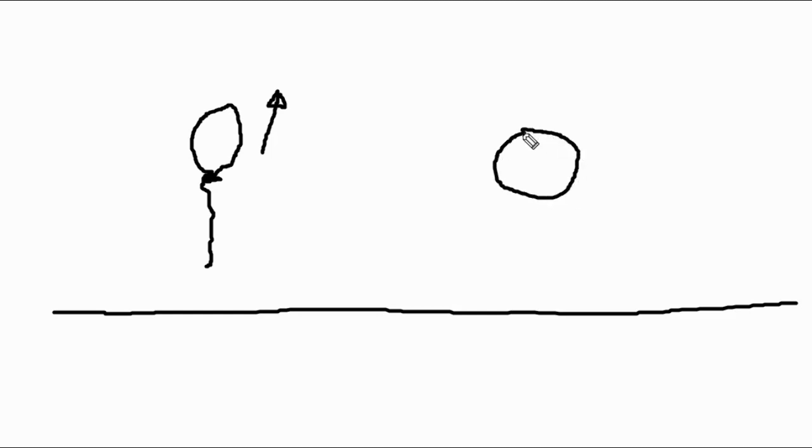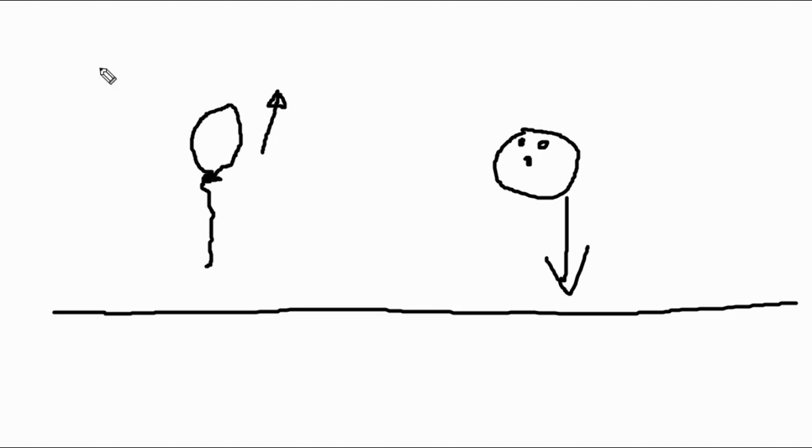We have the ground. For argument's sake, it doesn't matter if this is a flat Earth or a round Earth. It's the ground. Now, what we do know, for instance, is that a helium balloon will rise, and we know that a bowling ball will plummet.